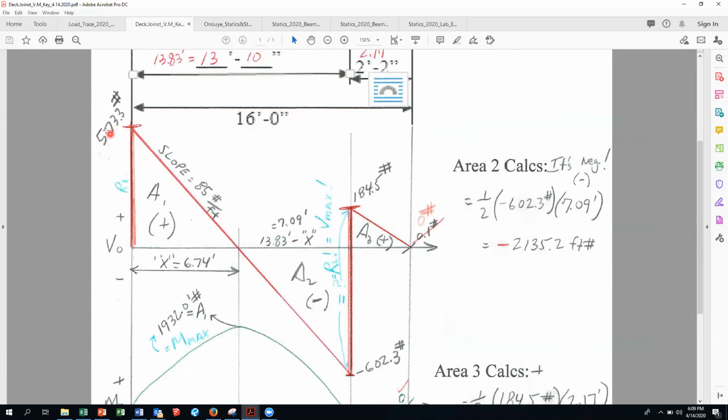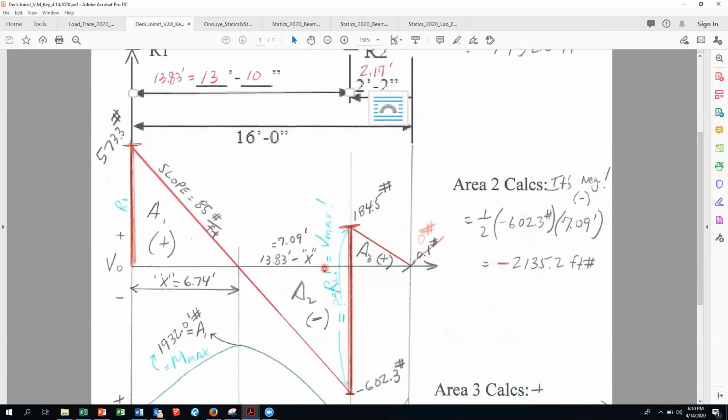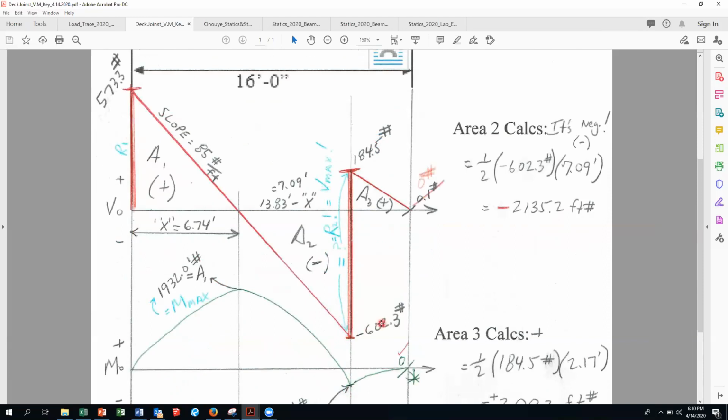From a positive of 573 gives you a shear value just before R2 of minus 602.3. And I'll go over another example. It's actually a fixed end reaction later tonight. We'll generate the reactions, we'll do the shear moment diagrams, and then a bending stress.